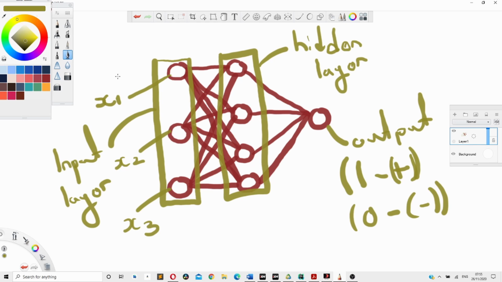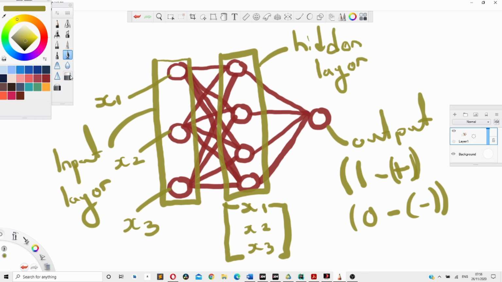These are the inputs for our features. The inputs are going to be a vector, x1, x2, and x3. These inputs are going to be multiplied by the weights, which I'm going to explain further, and then they are passed on to the hidden layer.